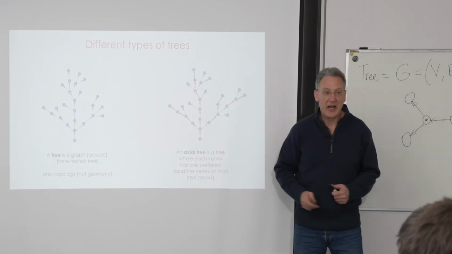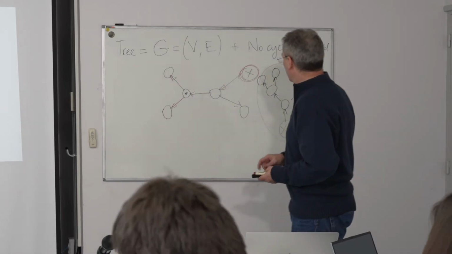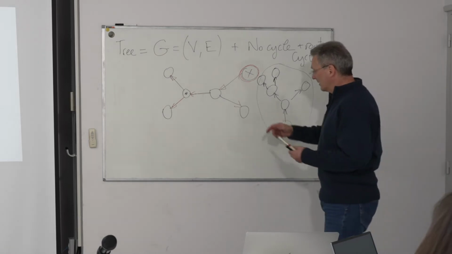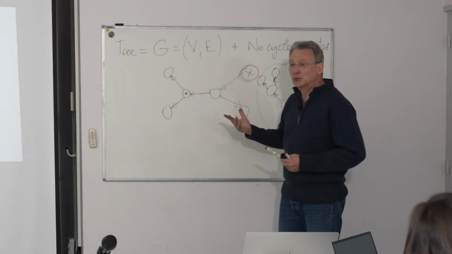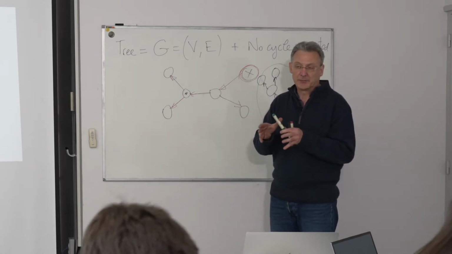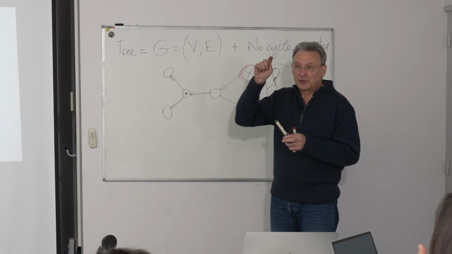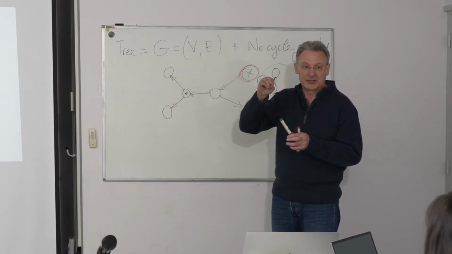The axial tree has this property that for each node, when there are two or three children, I will always choose one which is special.